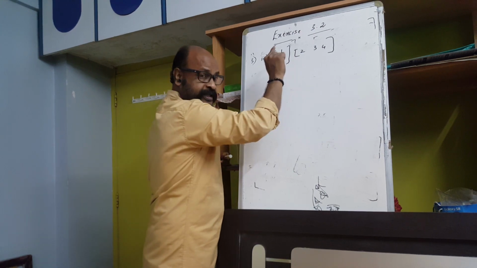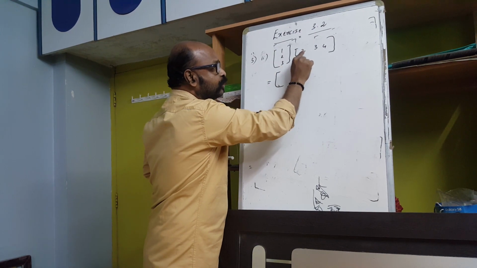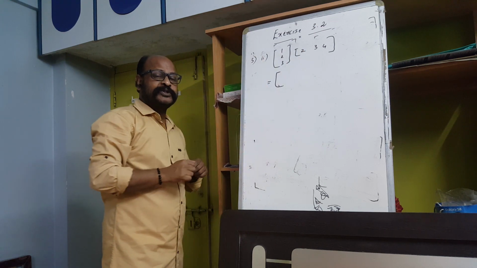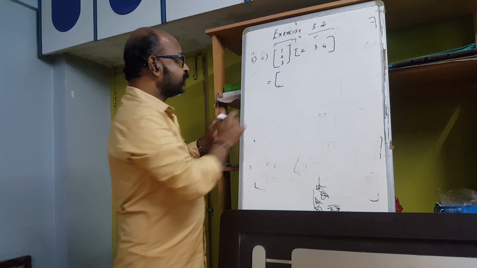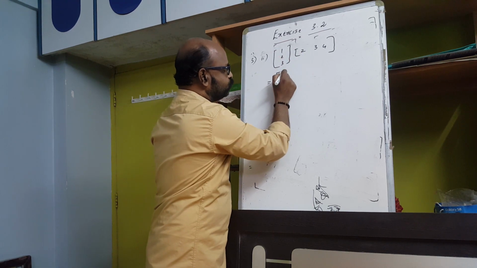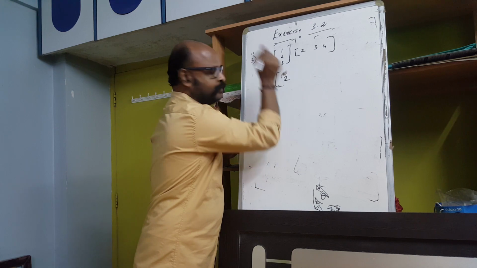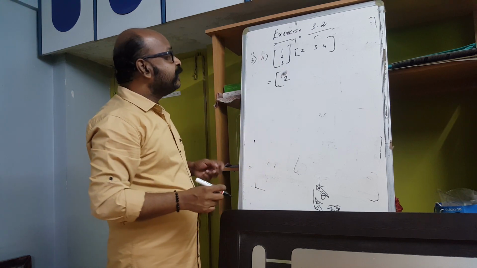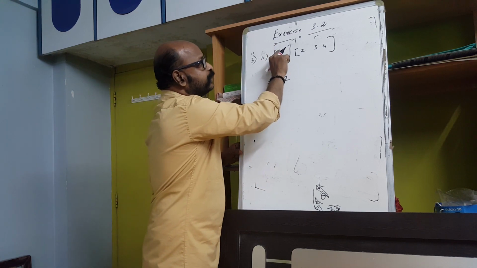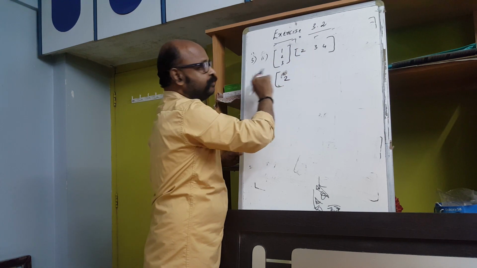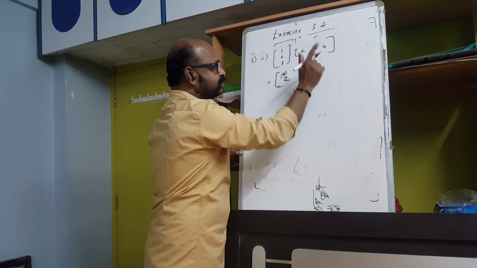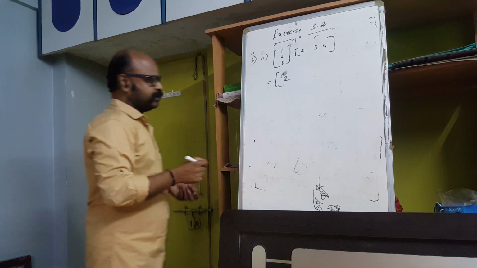That is to be multiplied by the first column of the second matrix, which is only element 2. So here comes only one product, that is 1 into 2, 2. Then first row into second column, 1 into 3, 3.